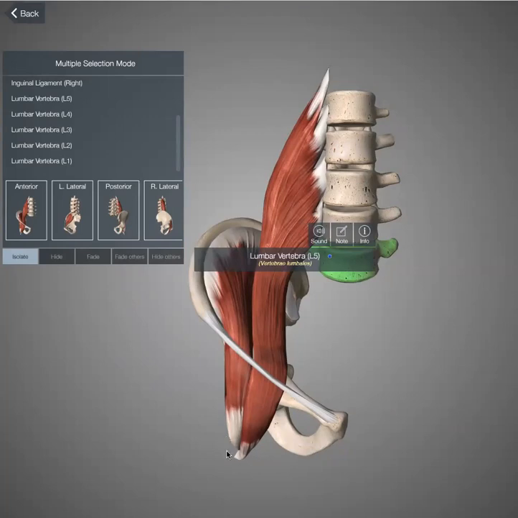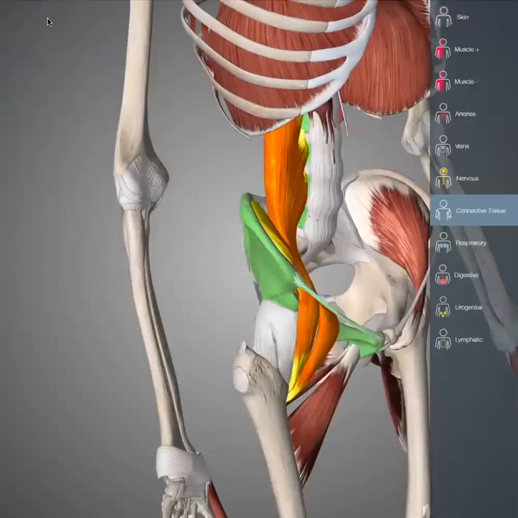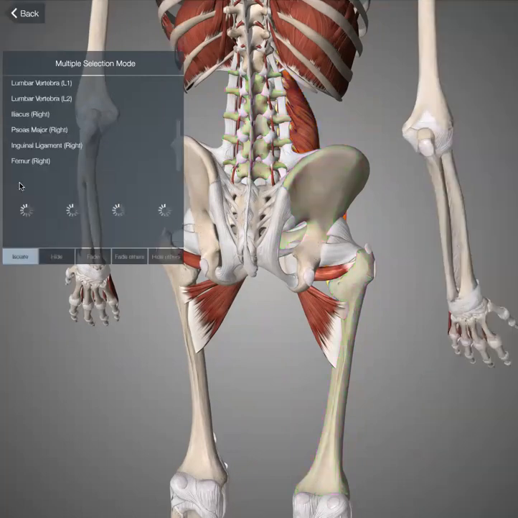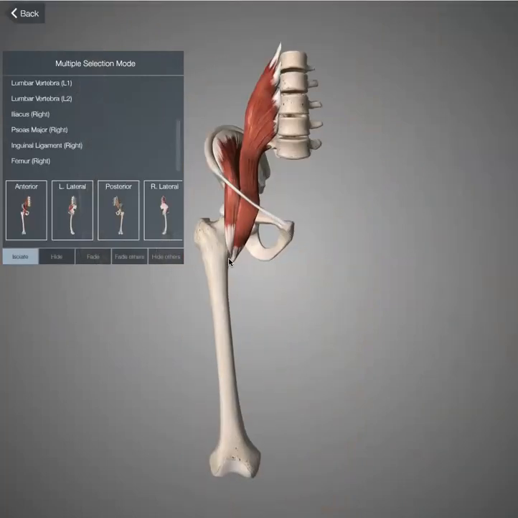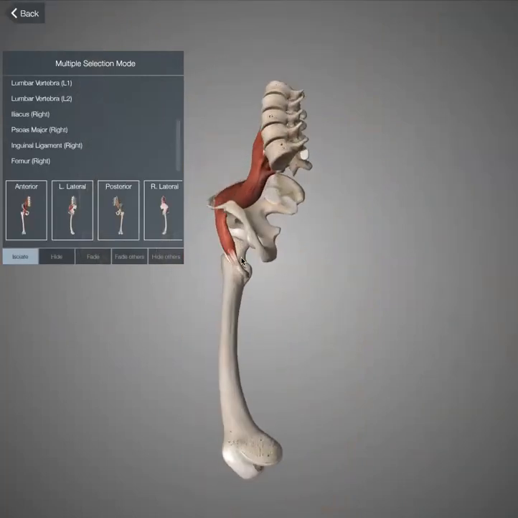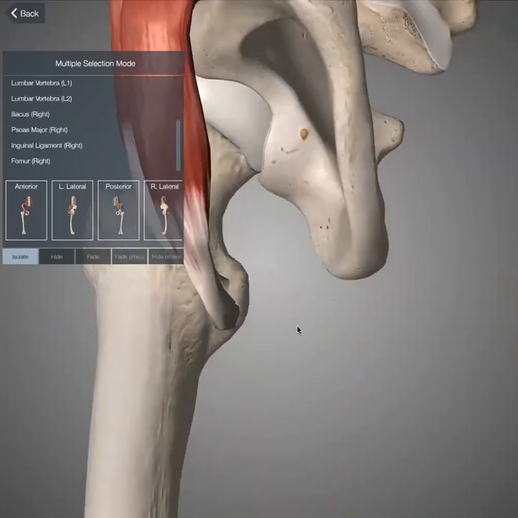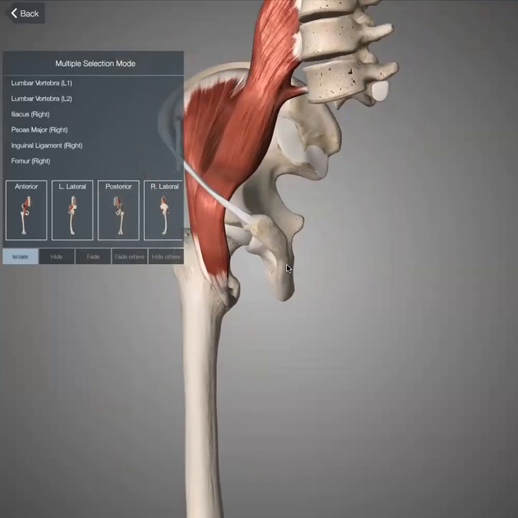So where is this common tendon inserting at? It will insert onto the lesser trochanter of the femur. And so let me select the femur for us because it's needed here. So we isolate and we see how they insert here. You can see that there's a common tendon and it will insert onto the lesser trochanter of the femur.